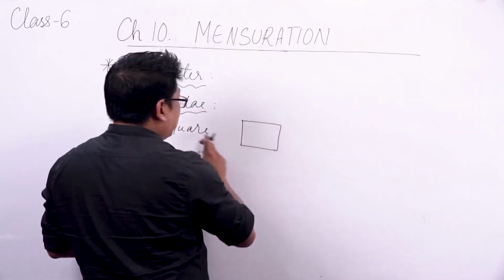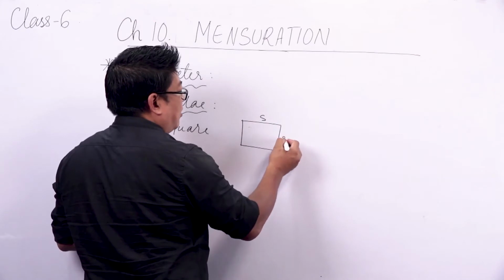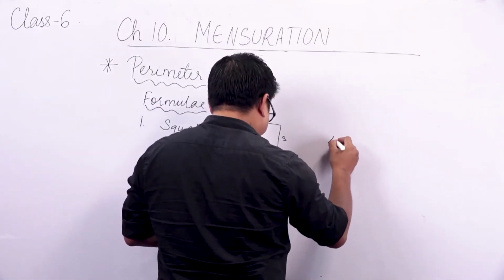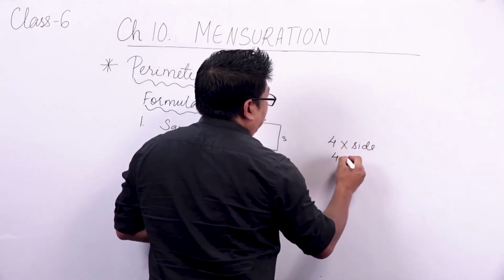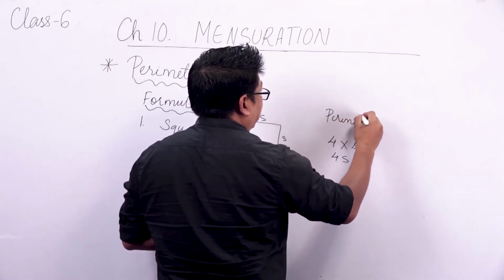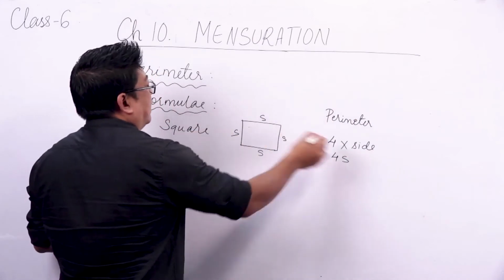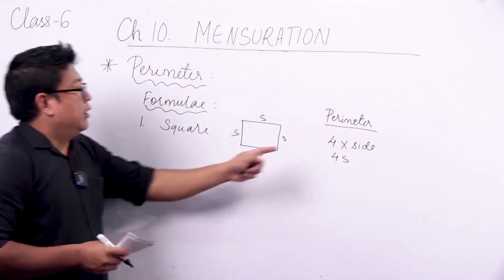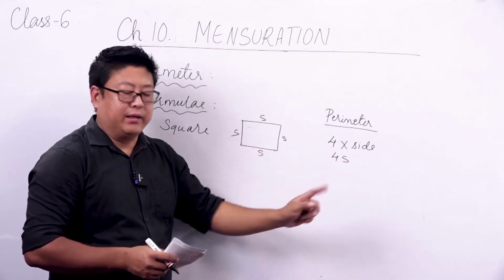For this square, this is called the side, S. If this is S, all of them will be S. So the formula is 4 into side, or 4S. This is your perimeter formula for the square. All four sides are the same, so instead of adding, we are multiplying.